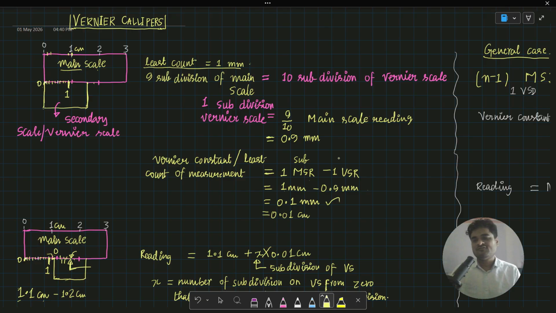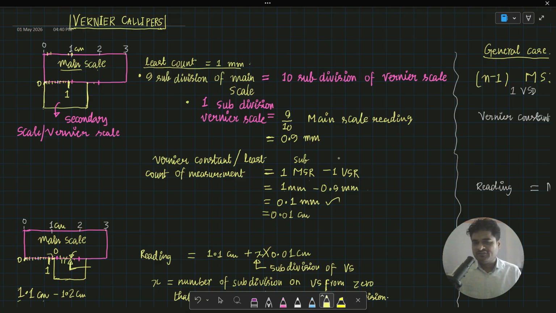So from this we get that 9 subdivisions of the main scale are equal to 10 subdivisions of the Vernier scale, and from here 1 subdivision of the Vernier scale will be 9 by 10 of the main scale reading.